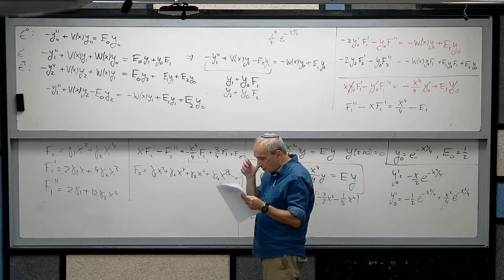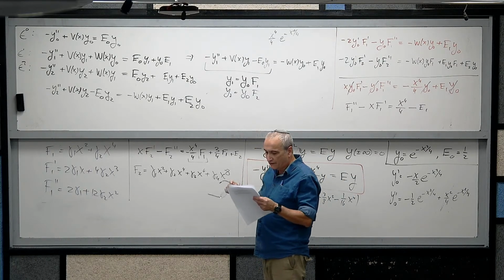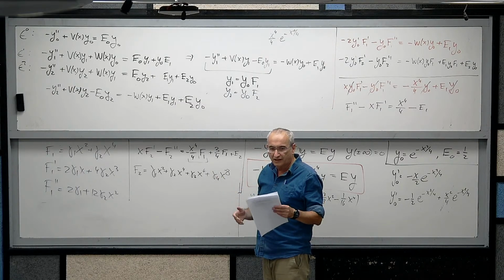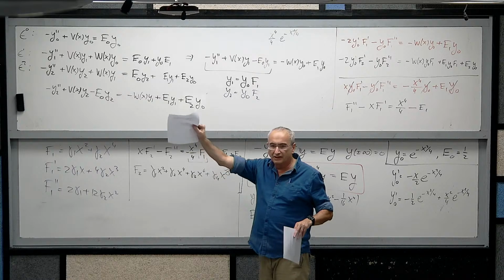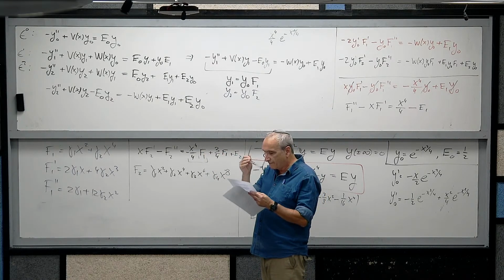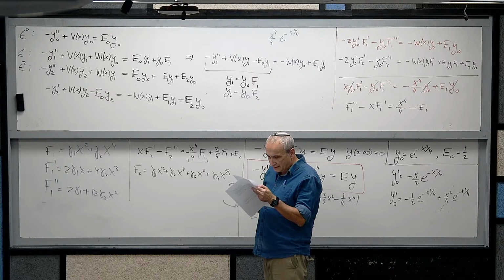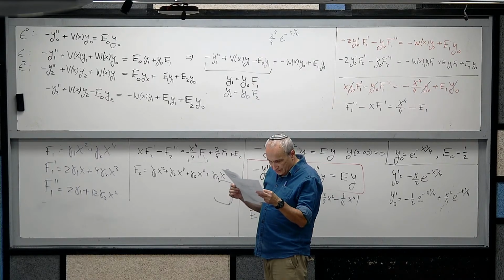My goal here is not the wave function but the eigenvalue. So I'm finding the correction for the eigenvalue. And you can see if you look at this page that the first correction is 0.75. You see that's 3/4.